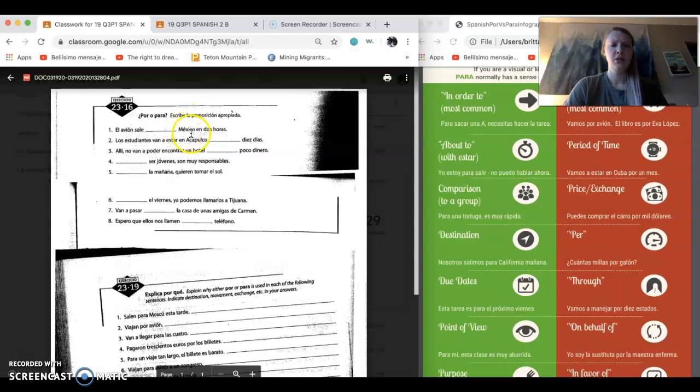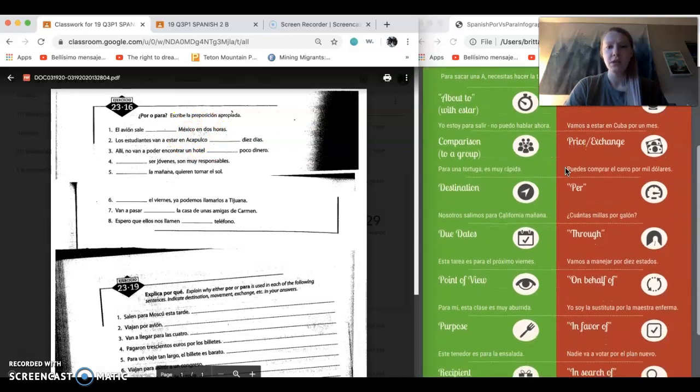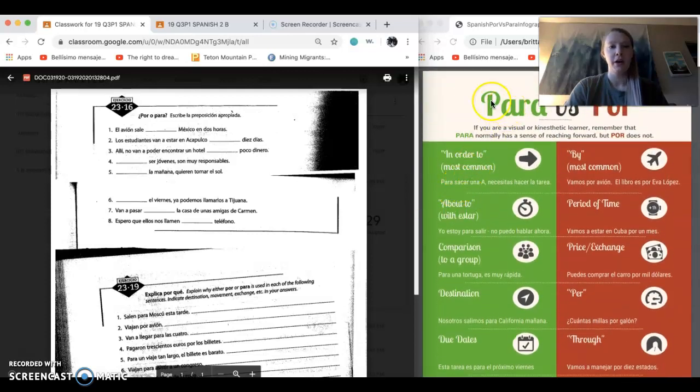It's usually the word right after that is our key. So we're looking for something about Mexico. You should be able to find destination. Mexico is their destination. They're leaving for Mexico. They're going there. So that's para. So you're going to write down para and then dash destination because that's why you're using para.